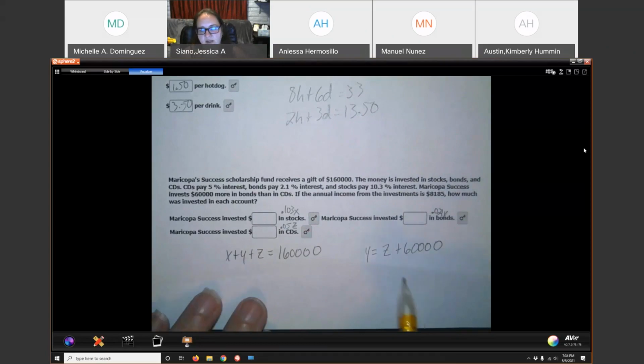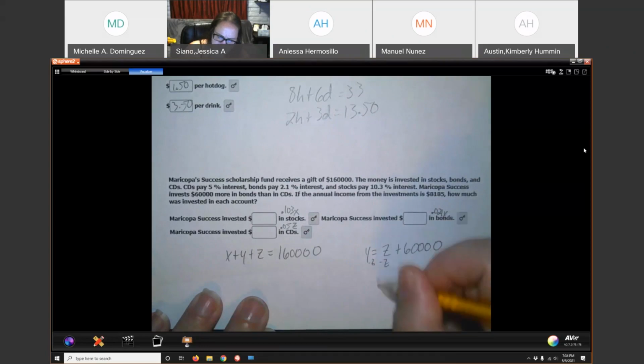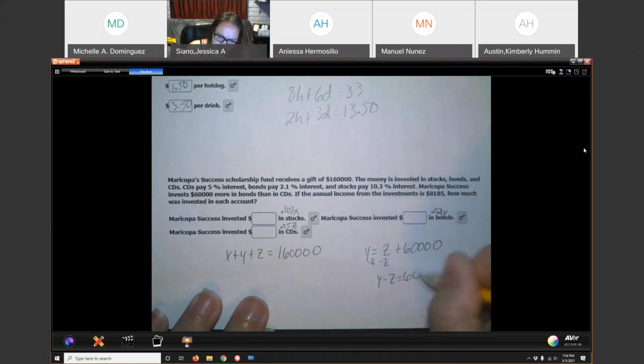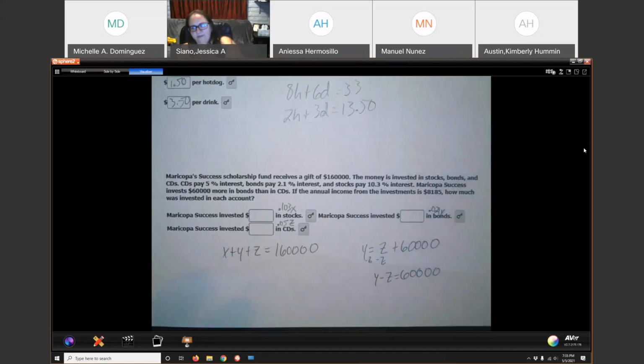Now, if I want to turn this into an equation that looks like this, I would just subtract the Z from both sides. And I would have Y minus Z equals 60,000. Which makes sense because if they invested $60,000 more, then the difference between the two should be $60,000.